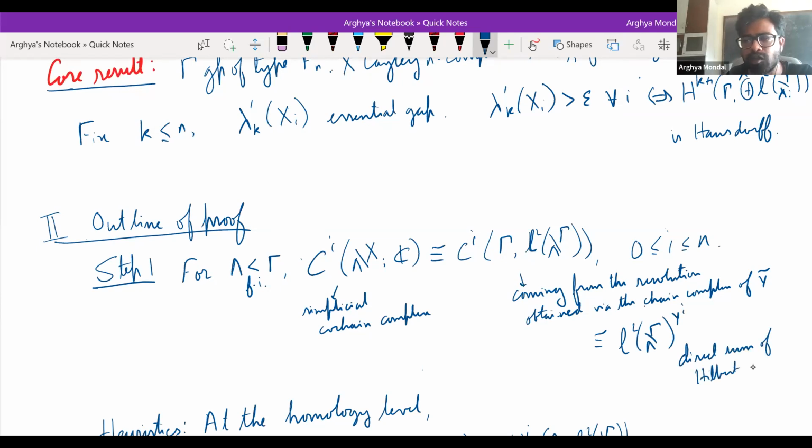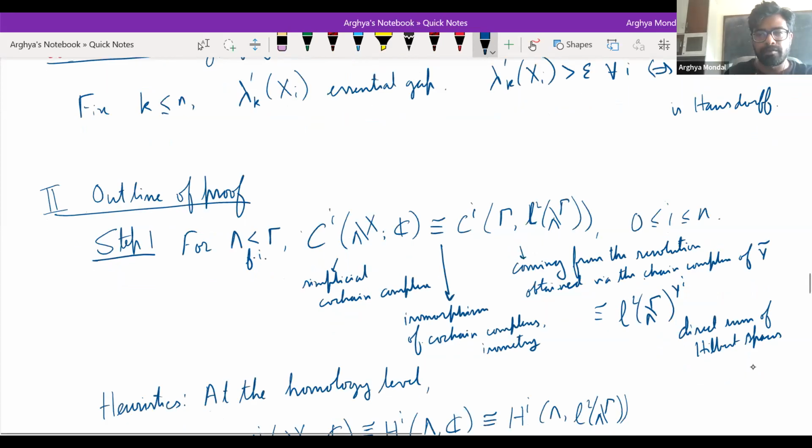I assume that y_i is finite because Γ is of type F_n. So this has an inner product. So this isomorphism is in fact an isomorphism of cochain complexes, and moreover, it's also an isometry.